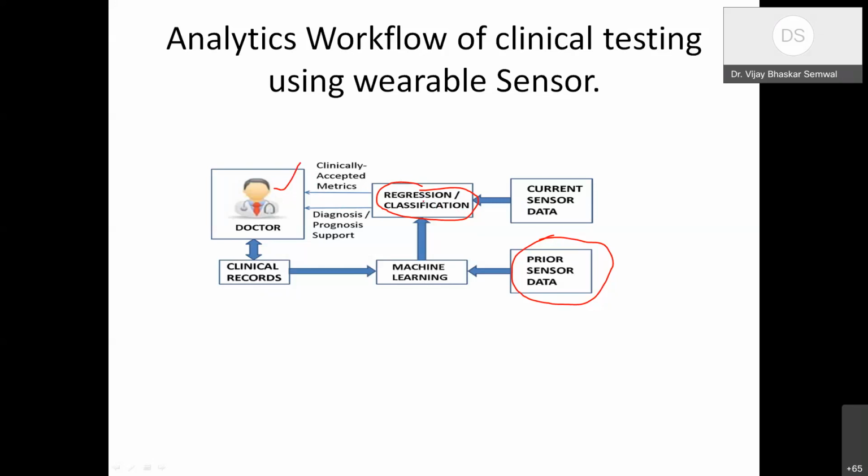Maybe the machine can predict false positive, false negative; true positive, true negative, false positive, false negative, this kind of thing is happening. The clinically acceptable metrics have to be followed, and diagnosis and prognosis support is required if a particular disease is occurring. In this case, what particular solution and help can be provided to the patient is done through this. So that is the entire workflow diagram of clinical testing of wearable sensors.